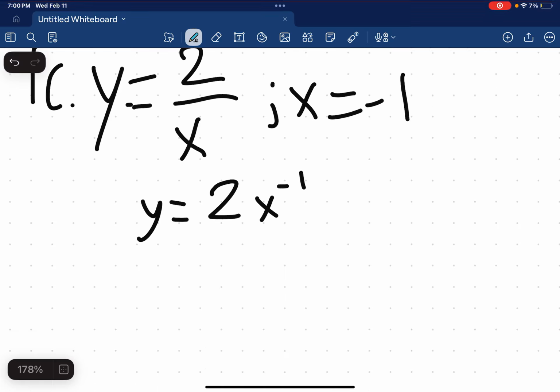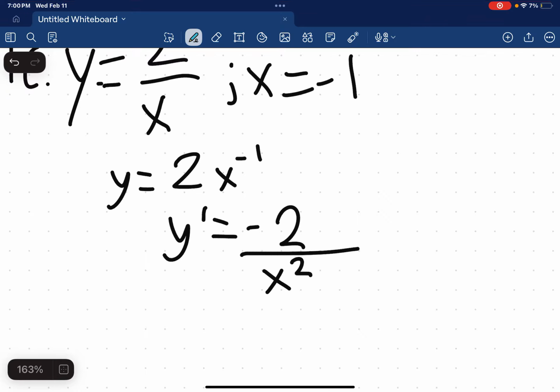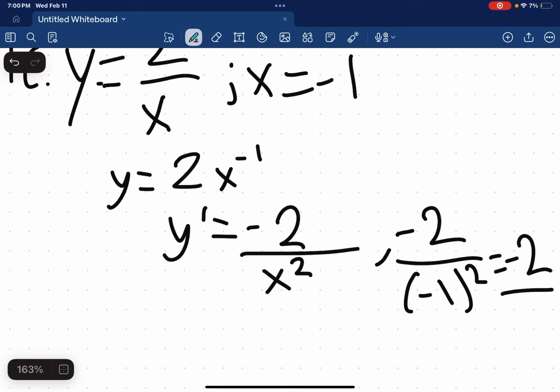So y prime is going to be equal to negative 2, because this negative 1 comes up here, times x to the negative 2, which is just going to be the denominator. At x equals negative 1, we can plug this in, and that gives us negative 2 as our answer.